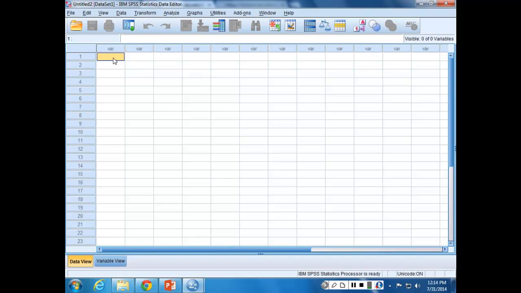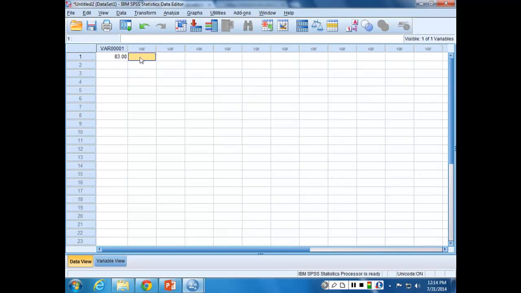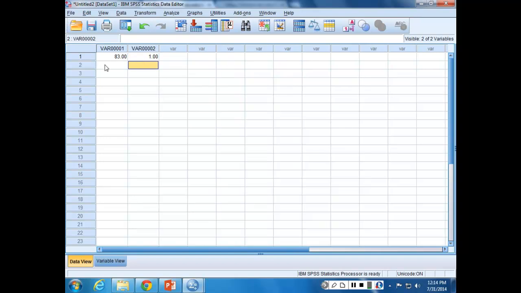Now, each row is one individual. So for the first person, I'm going to put 83, and instead of A, I'm going to put 1, group 1. So I'm going to put all 15 numbers, the 83, 84, 74, 91, 78, and just keep on going.